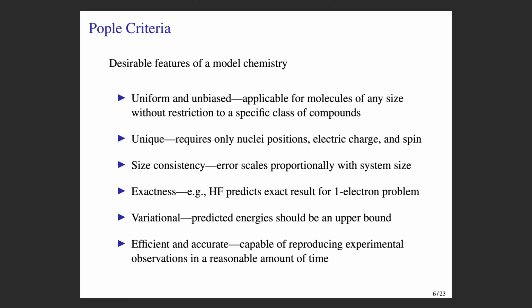The idea of having a variational method is very useful when computational chemistry methods are variational. That means that the energy that the method calculates, let's say you're calculating the total energy of the molecule, if the method is a variational method, it means that the energy that you've predicted will be an upper bound to the true molecular energy.